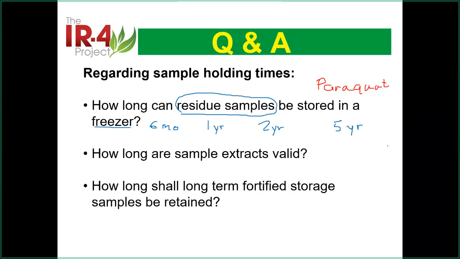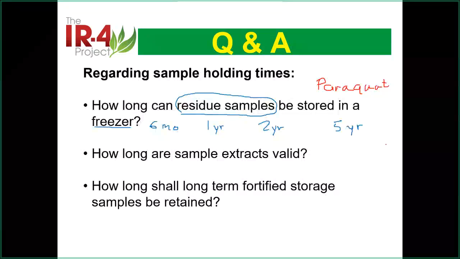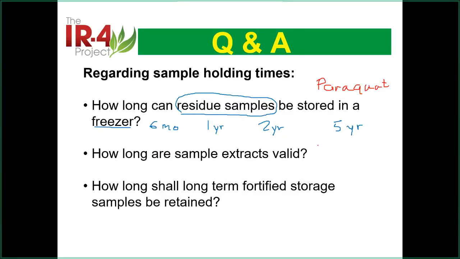Somebody says 6 months. Okay, there is no exact answer, but I will tell you what we do in our practice. One answer is follow the protocol. That's a good answer.